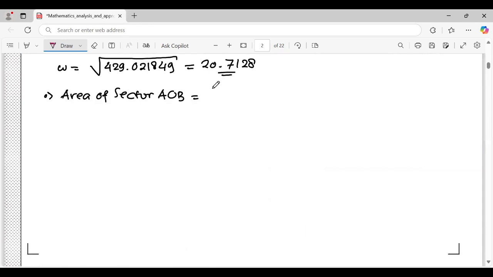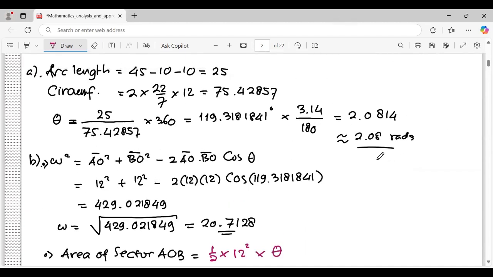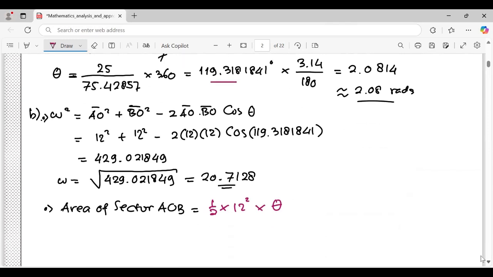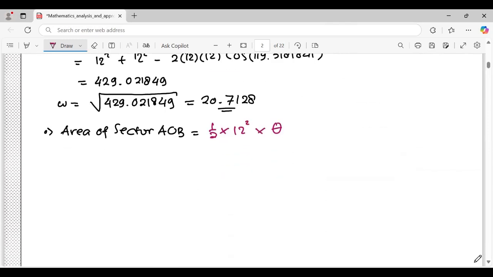And that is 1/2 times 12 squared times theta. So theta, we are going to use in radians, not in degrees, but this one, 2.08. So if you calculate, it becomes 149.76.